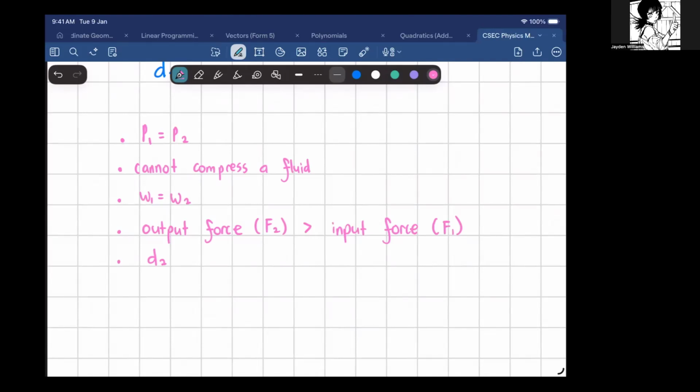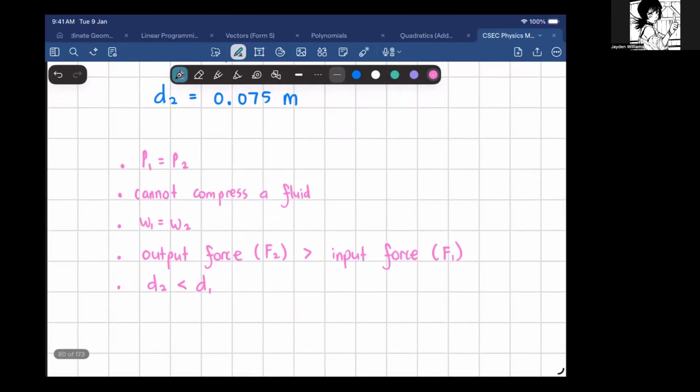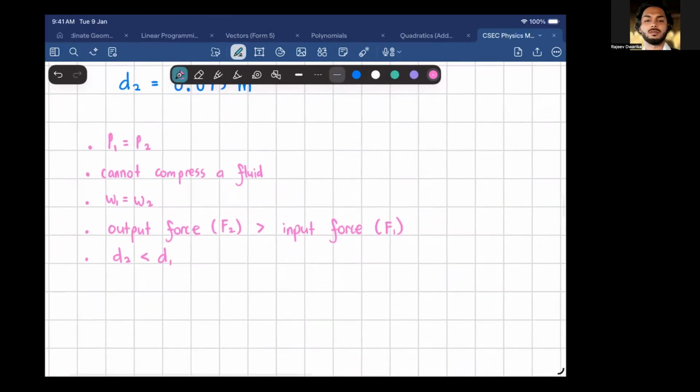So the distance moved by the second plunger would be more or less than D1? You tell me. The distance would be less. Yeah, it'll be a lot less, right? So these are the general facts I need to know. Right. So you feel like you understand it?